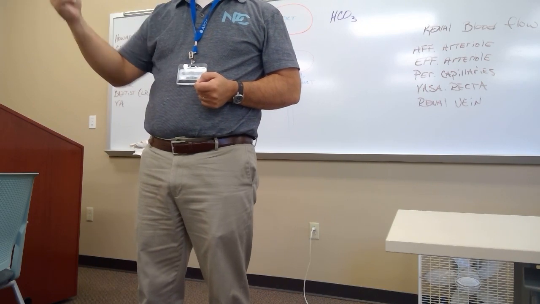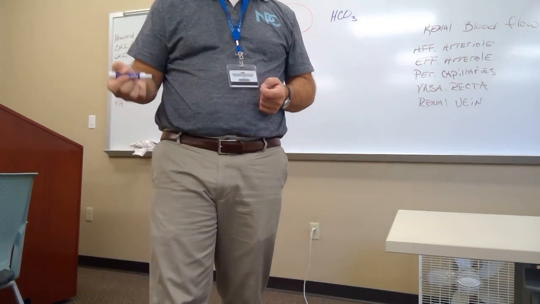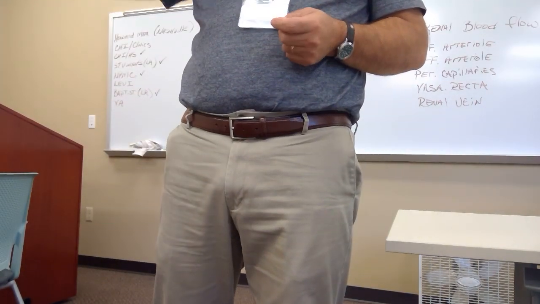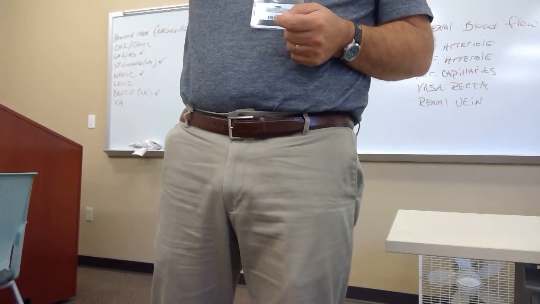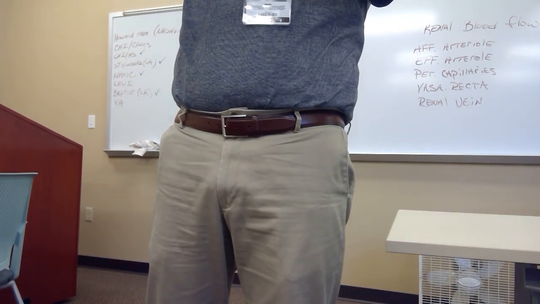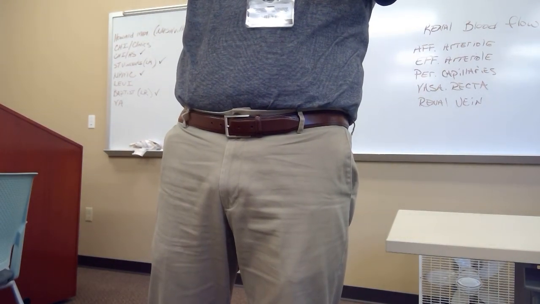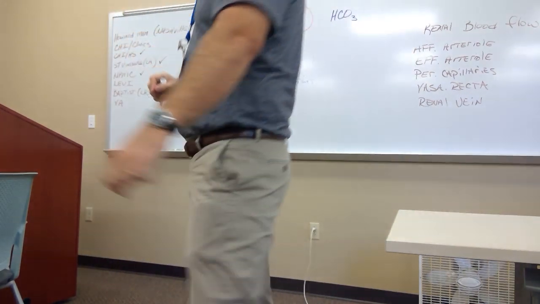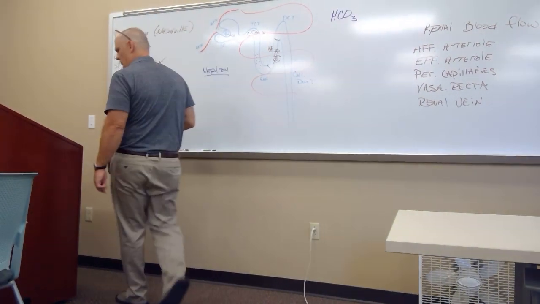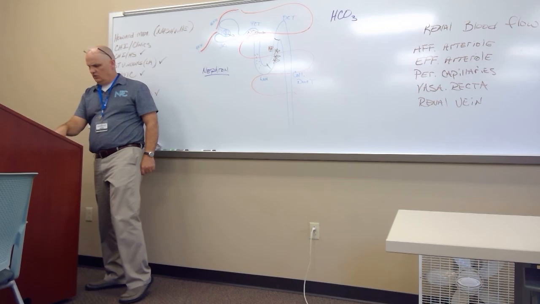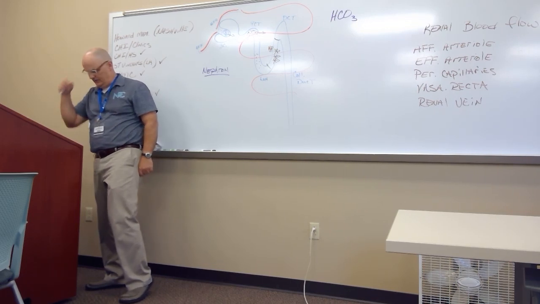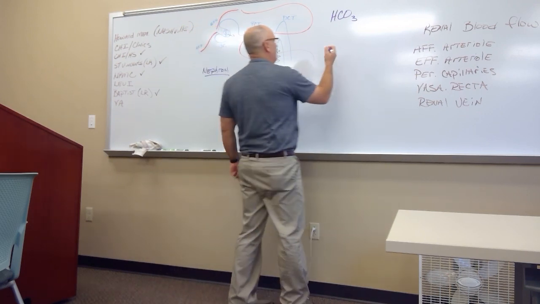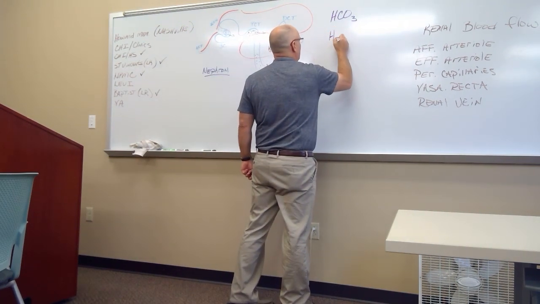The secretion is known as a hydrogen ion. There has to be a hydrogen ion that comes from the peritubular blood. It goes into the actual tubular filtrate. It combines with HCO3 to become H2CO3, carbonic acid.